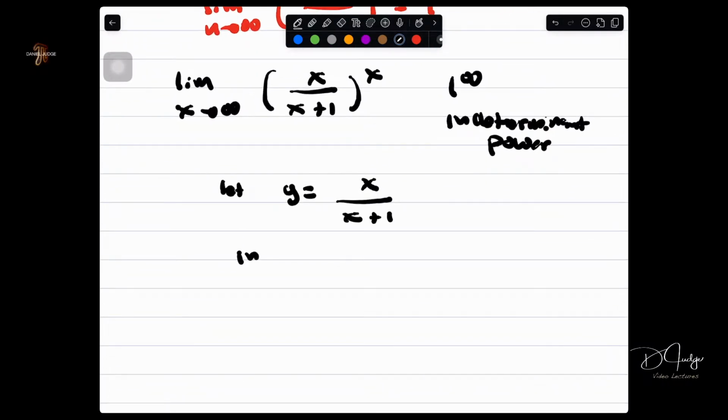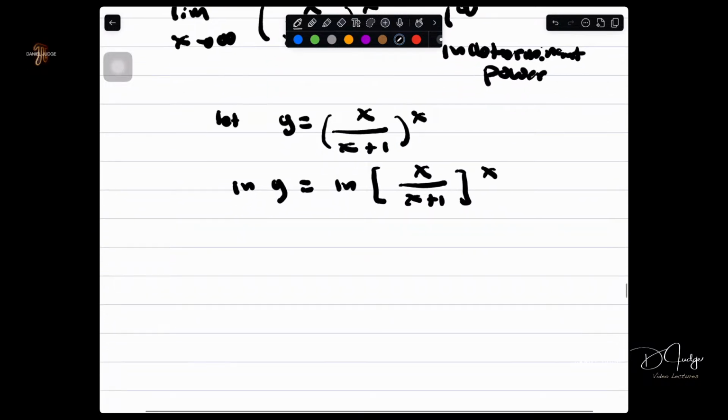So natural log y, and let's go back here. We get the natural log of y is x times the natural log of this difference here.